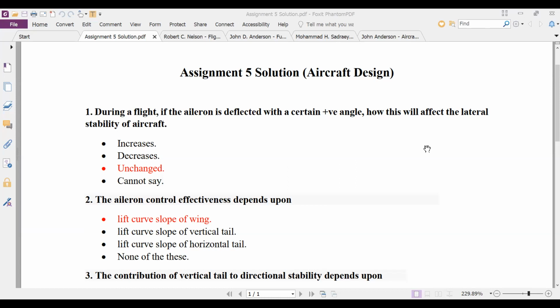Yeah, lateral stability, not directional. Lateral and roll are used interchangeably for roll stability. Oh, okay, sir. Rajesh Kumar, if you can name a few factors that impact roll stability, we'll discuss in detail.